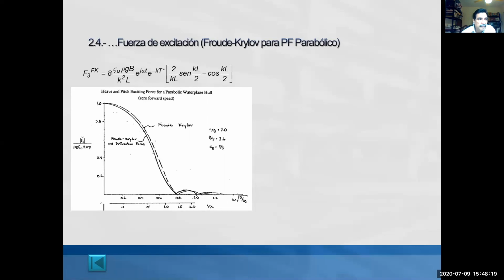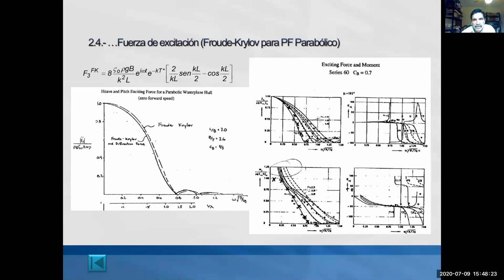That's the message from here. Now there is also a comparison here. You see here, this is a Series 60, a real ship. And in here, somebody plotted values of this expression.